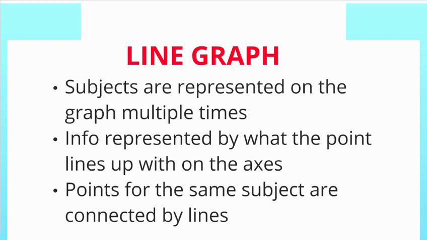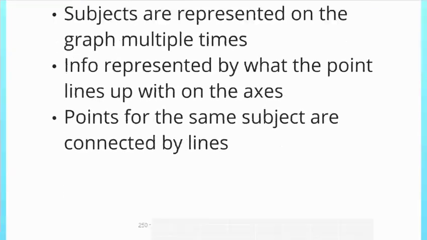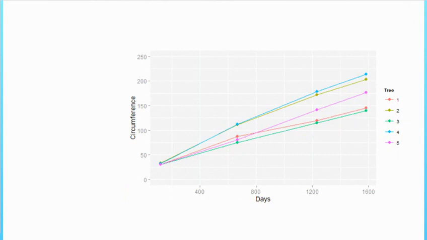But the information is still represented by what the point lines up with on the axes. In that one in the blue book, it's about a child's age and their weight or height, or head circumference, or whatever it is. This graph is about trees. I have 5 trees here, and I've got how many days they've been alive for, well, since they were planted anyway, and their circumference around their trunk.